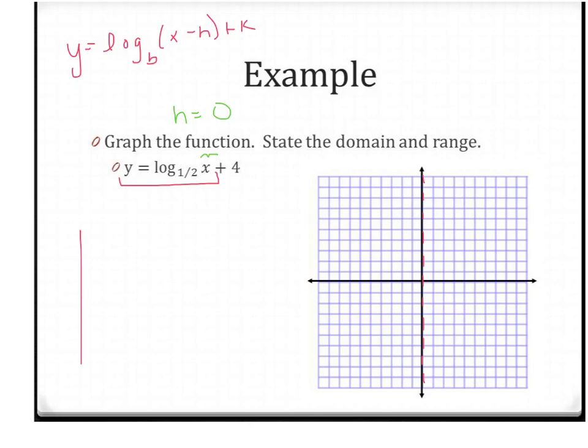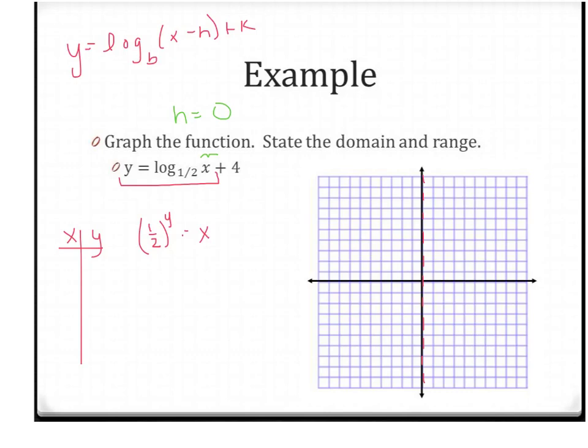And so if you want to organize in a table, that's an excellent way to organize things. But what we can do to make it a little easier is looking at just that parent graph. Let's go ahead and write it in exponential form. And so this would be one half to the y power equals x. Okay, so remember that's how you go back and forth between log form and exponential form.